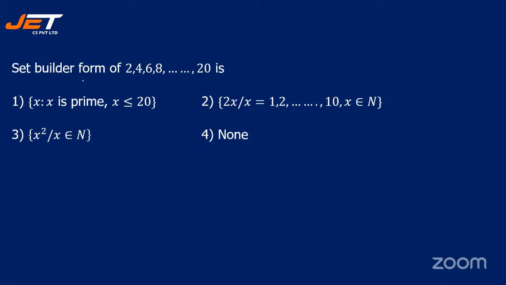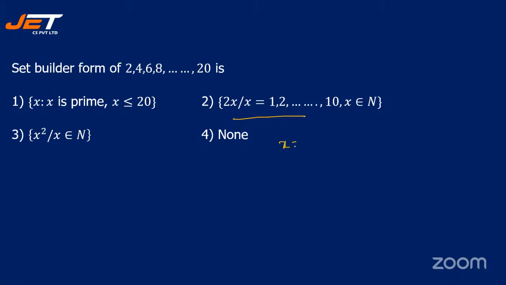See the second one, 2x by x equal to 1, 2 and so on till 10, where x is an element of N. Possibility is there, right? Put x as 1. So what happens? 2 into 1 by 1. So 2 you have, right? So let us try out this option.